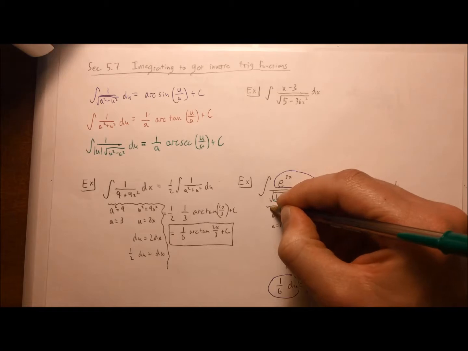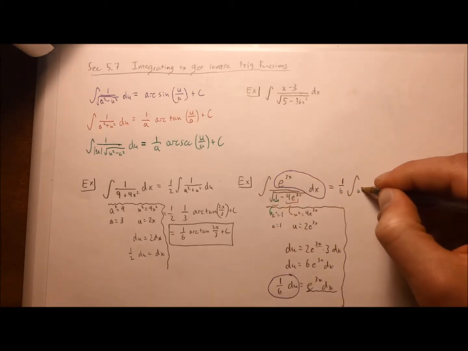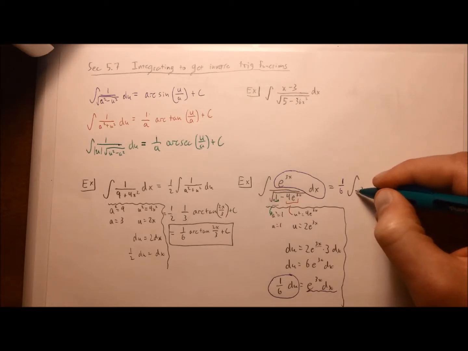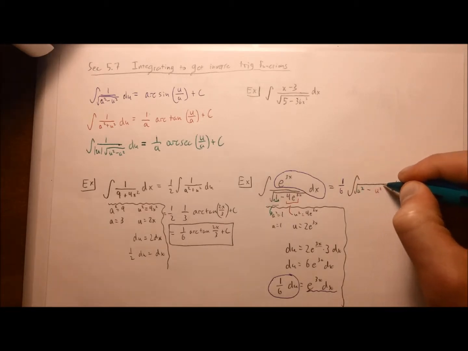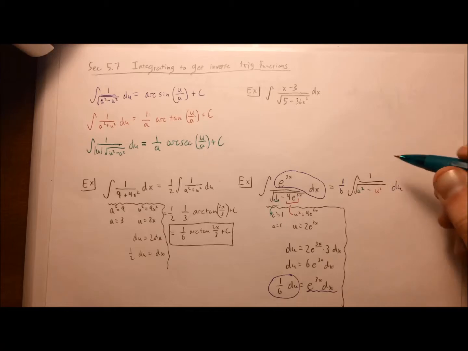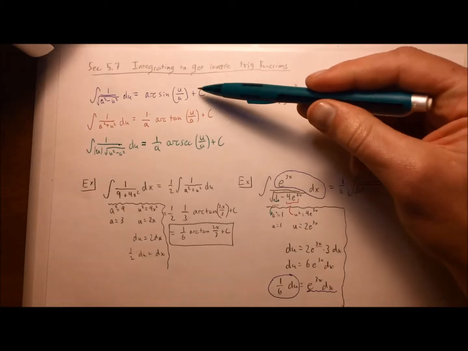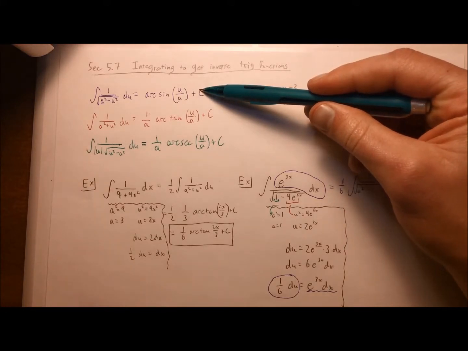This is the a squared. And so we're left with 1 over the square root of a squared minus u squared du. Hey, that fits perfectly into this formula here.